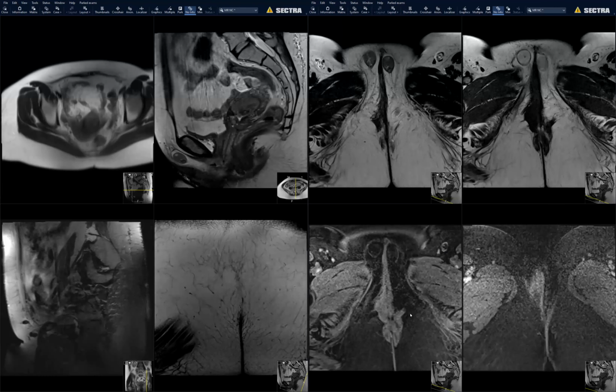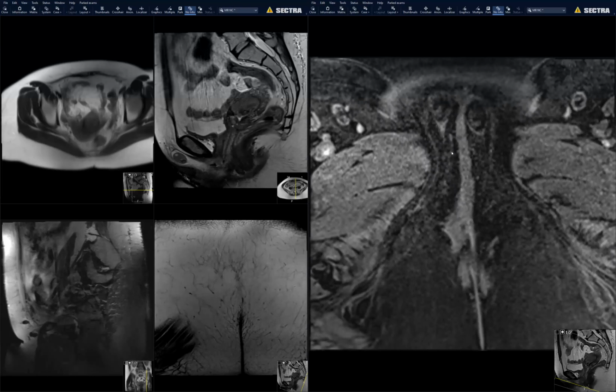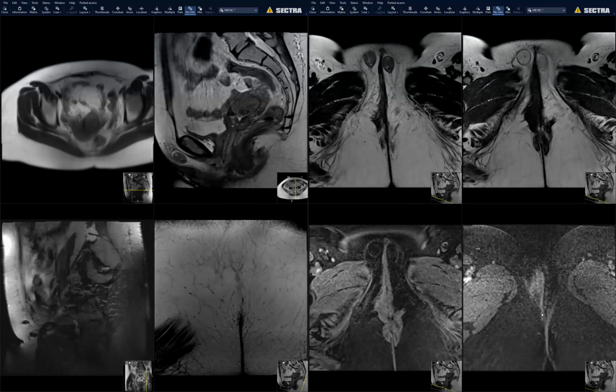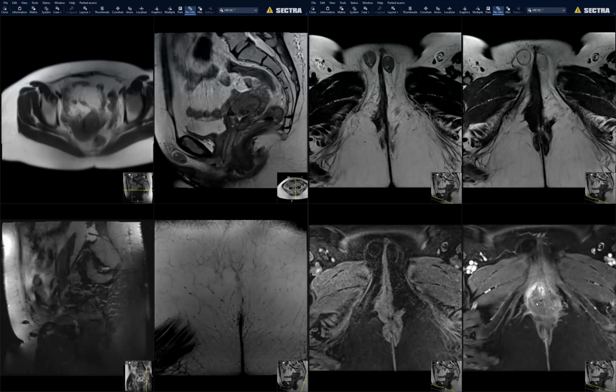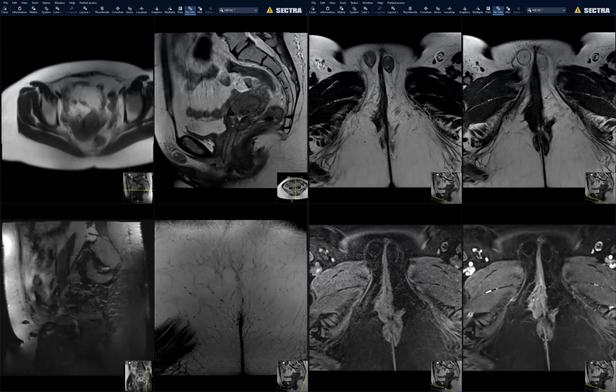And then on fat sat, they completely sat out, whatever these things are. And we really didn't know what to call it. I called it some complex lipoma, labial lipoma, just for want of something.